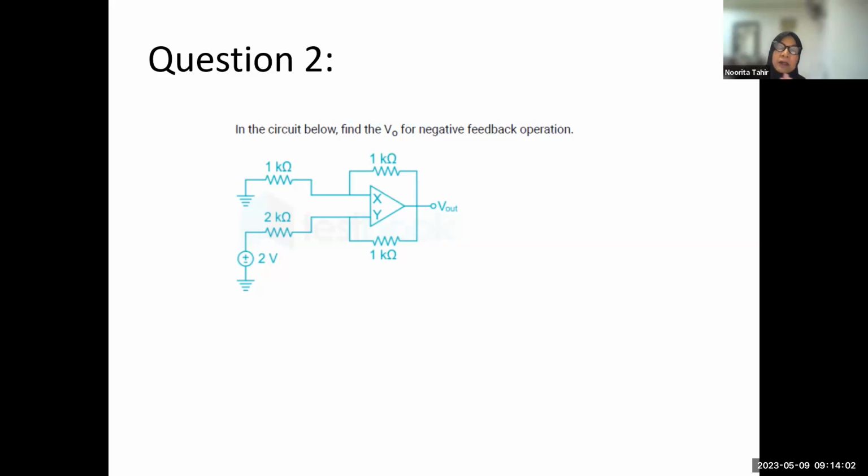We see which terminal, X or Y, is being fed with the source. In this case, Y is fed with the input source, meaning Y is the inverting input and X is the non-inverting input. From there you can compute the rest.